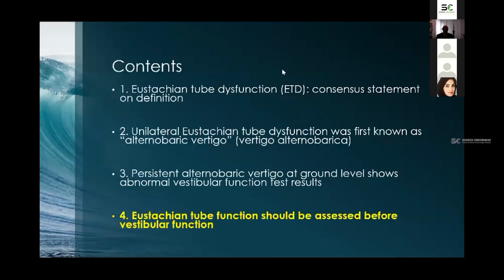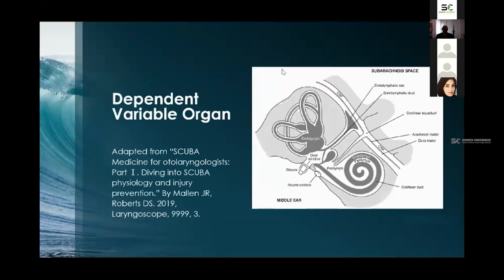Here is the final section. I'm going to discuss why Eustachian tube function should be assessed before vestibular function. Vestibular organs are always influenced by middle ear pressure, which makes them dependent variable organs. Obstruction of the Eustachian tube disturbs air pressure in the middle ear.